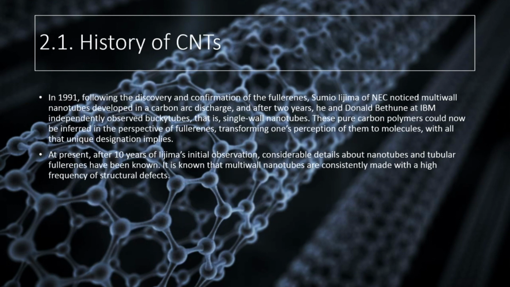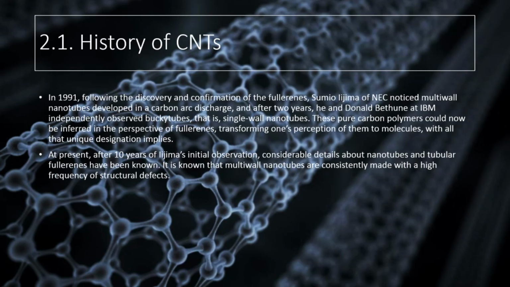History of carbon nanotubes. In 1991, following the discovery and confirmation of the Fullerenes, Sumio Iijima of NEC noticed multi-wall nanotubes developed in a carbon arc discharge, and after 2 years, he and Donald Bethune at IBM independently observed single-wall nanotubes.